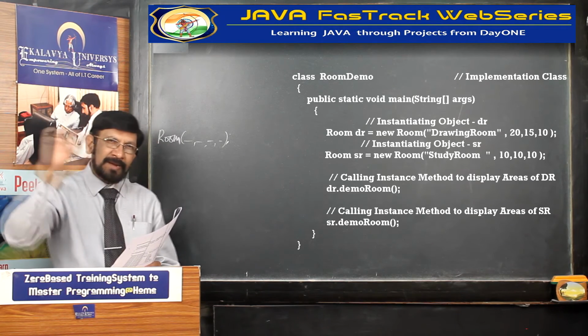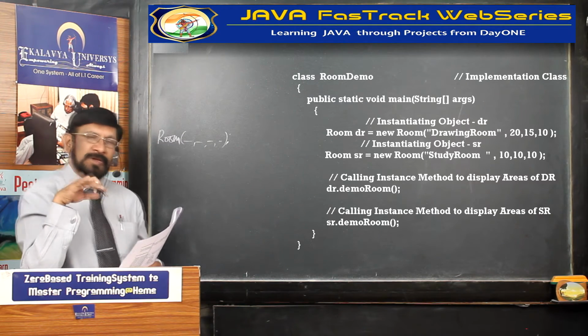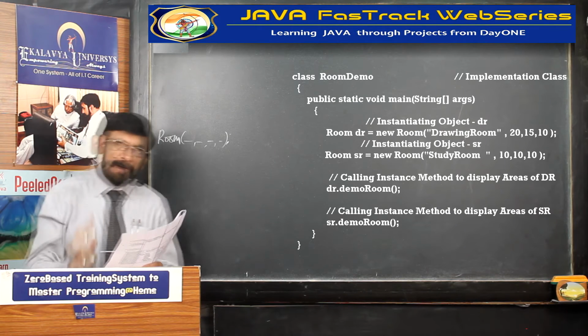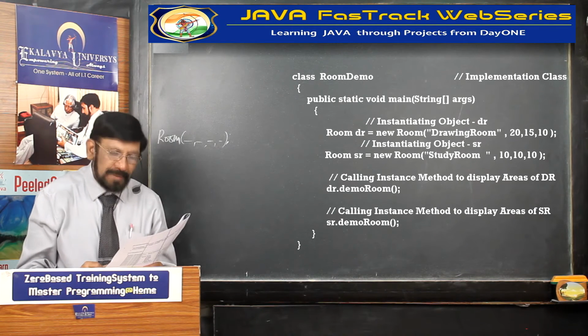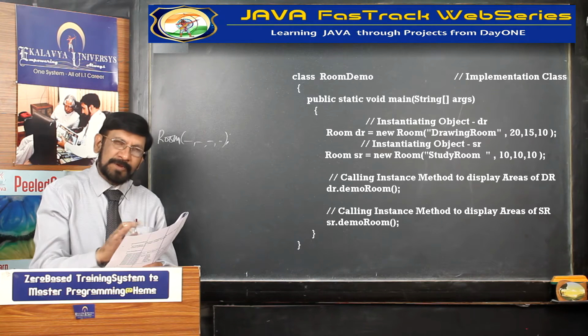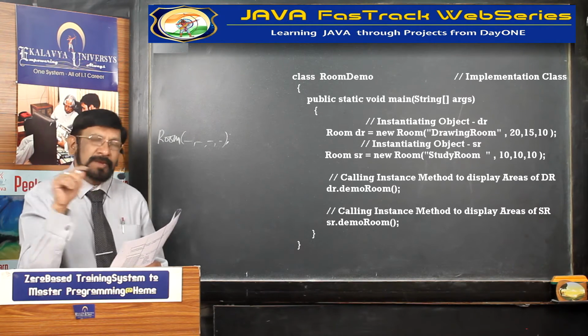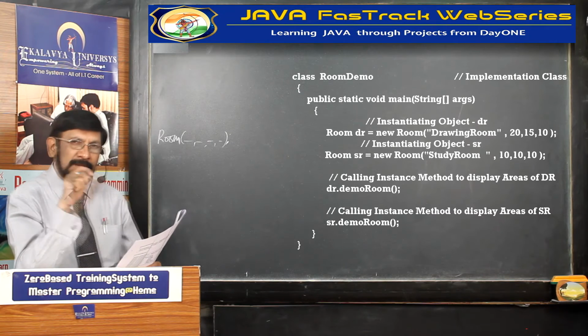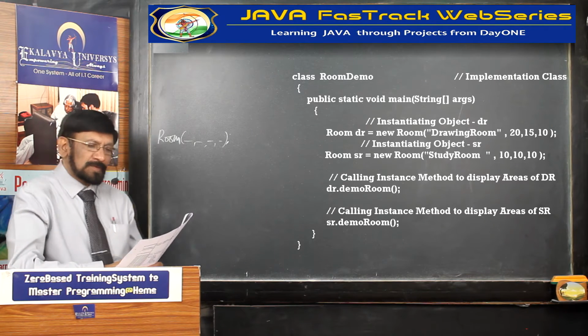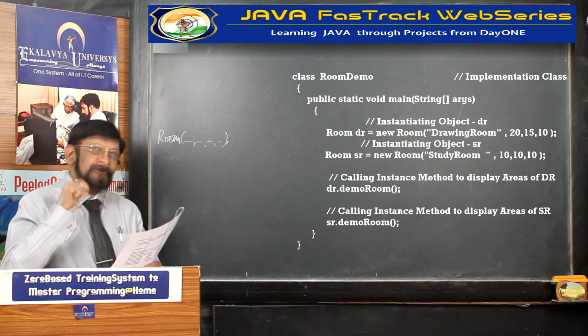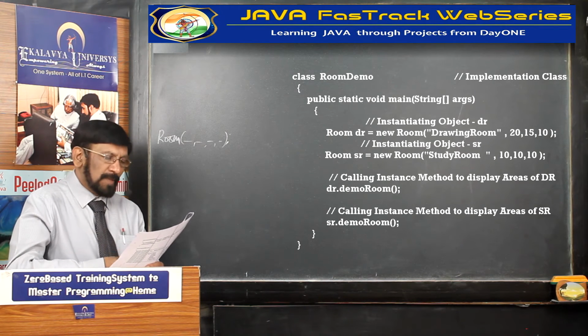In the constructor header 4 elements are there. What are those 4 elements? Room name, length, breadth and height. These 4 elements are passed to the parameters in sequential order, respectively. In that way those are initialized. You have to understand that point.